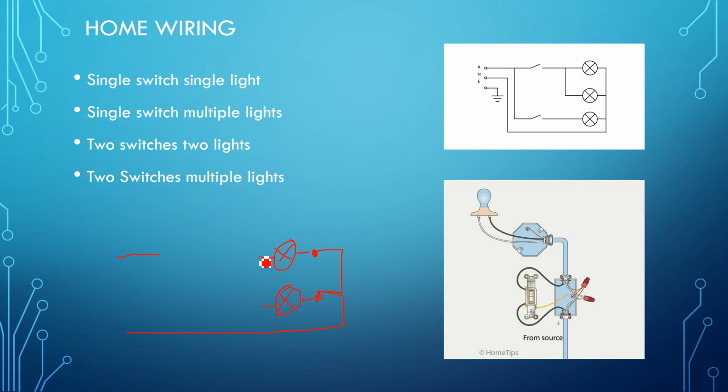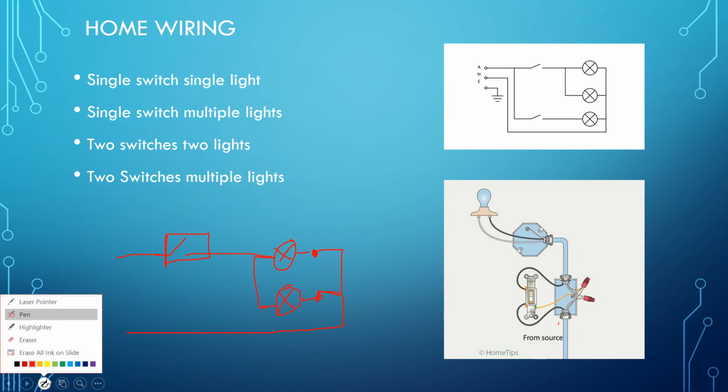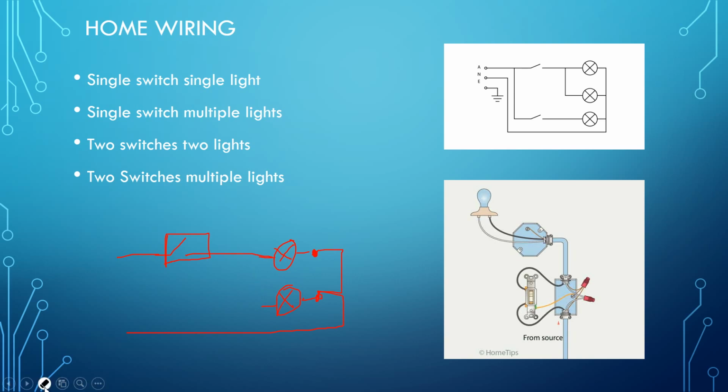So what will we do? We cannot take directly from here. Why can we not do this? For example, if I put a switch here, one switch I have here, and if I want to put a switch in this location for this one, I have taken from here and I want to put this switch here.